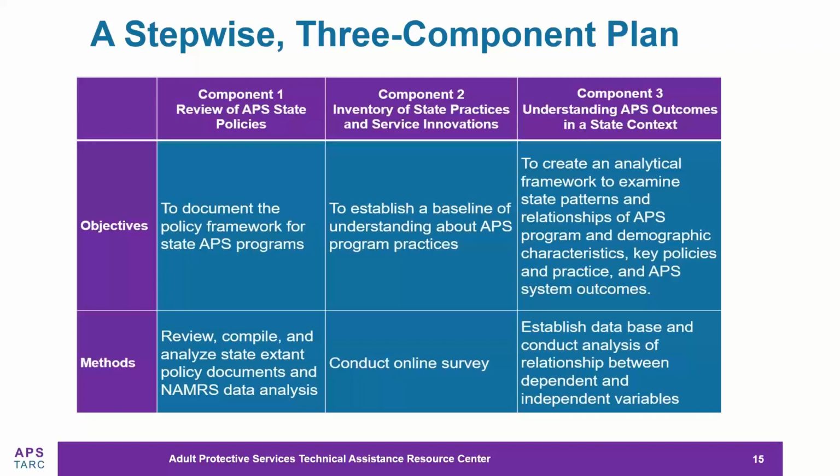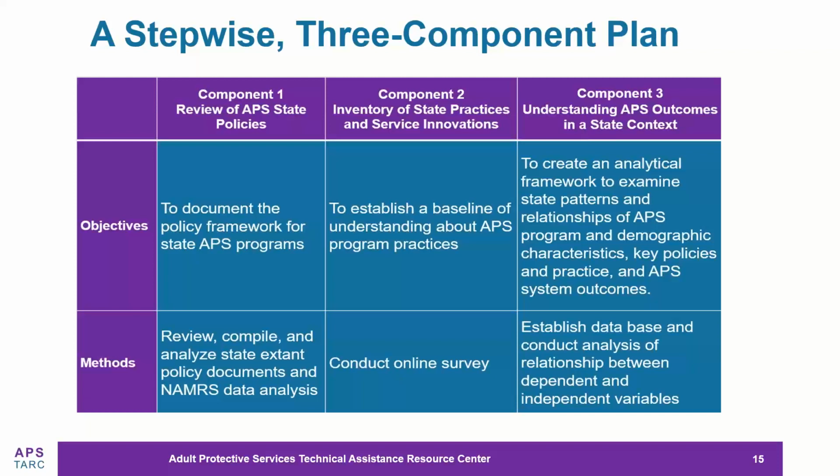So that's component 1. Component 2 was looking at state practices. For that component, we did a pretty large scale online survey that we administered to all state APS programs. The idea of that was to get a baseline of understanding of APS program practices.